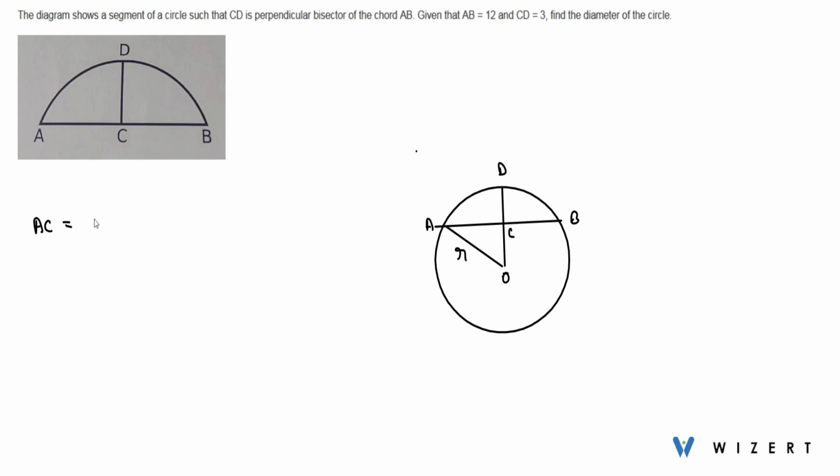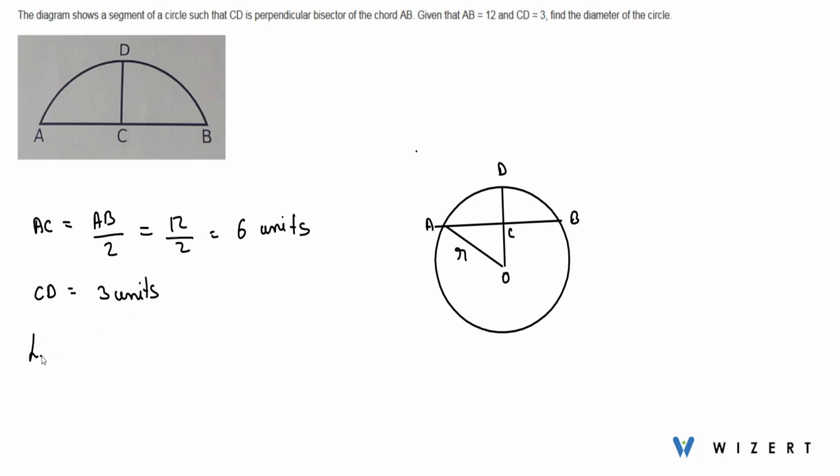So AC equals AB upon 2, where AB is equal to 12 centimeter. So 12 upon 2, which will give us 6 units. So AC equals 6 units, and given CD equals 3 units.